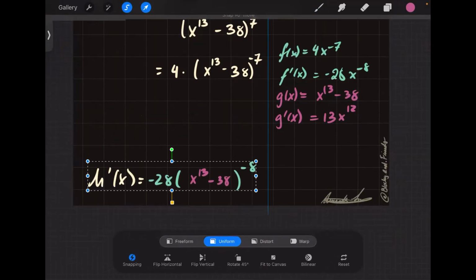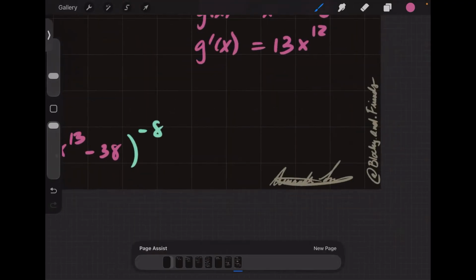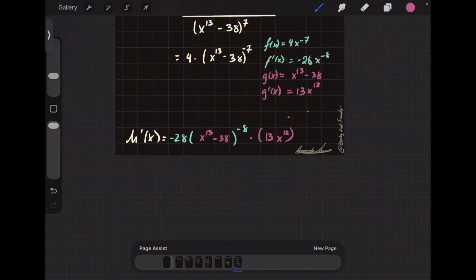And then you're going to multiply by what? The derivative of the inside, of course. Times 13x to the 12th. That's it. Now you know how the chain rule works. Congratulations.